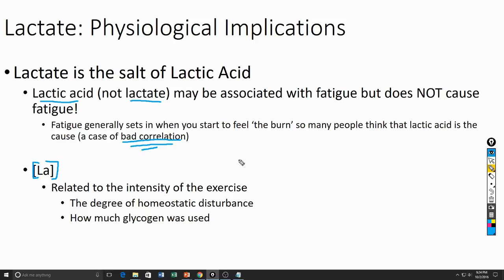But if you really disturb this system, do some sort of HIIT training, or take a dare and do 100 burpees as fast as you can, you're going to have a lot of disturbance within your body. You're going to be using a lot of energy at a very fast pace. You're going to be using a lot of glycogen. All this stuff is going to cause you to have more lactic acid in your system.